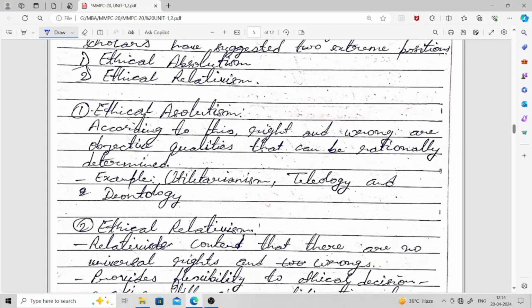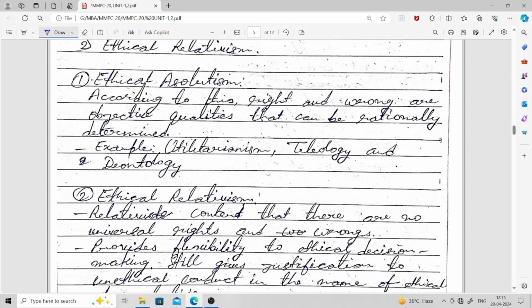According to this, right and wrong are objective qualities that can be rationally determined. It means rationally we can determine which one is right and which one is wrong. Examples are utilitarianism, theology and deontology. These are the theories under ethical absolutism that we will cover.